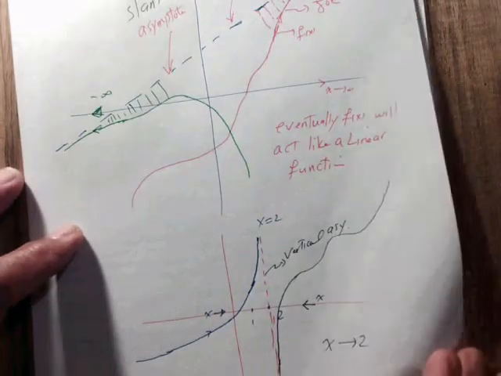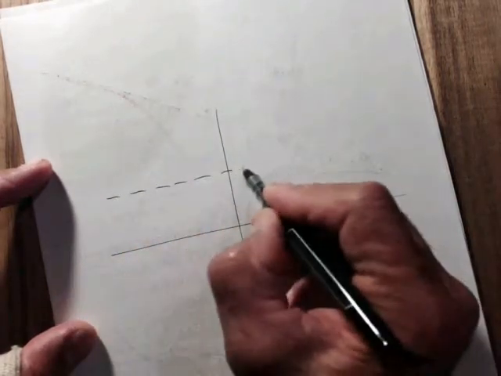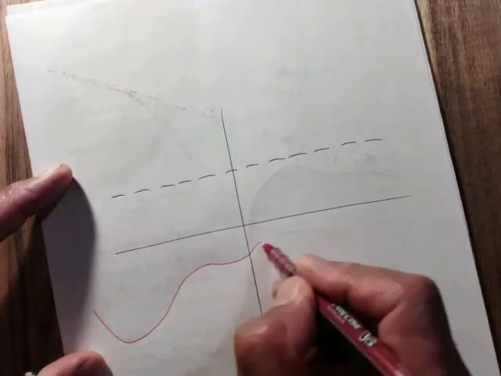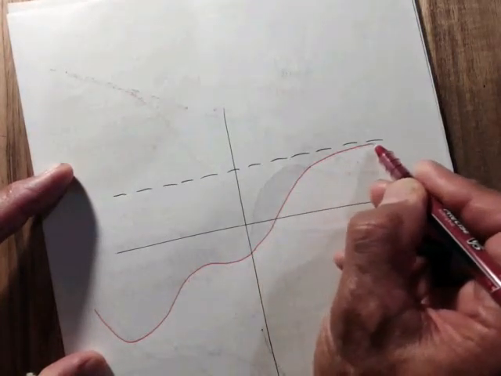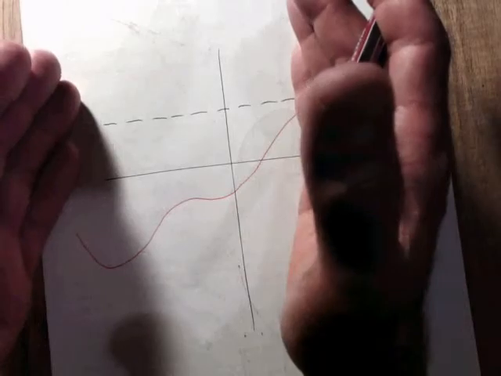It could be a horizontal asymptote. If I have a horizontal line like this, and then my function behaves this way, eventually I don't care what happens here because this is within my reach.